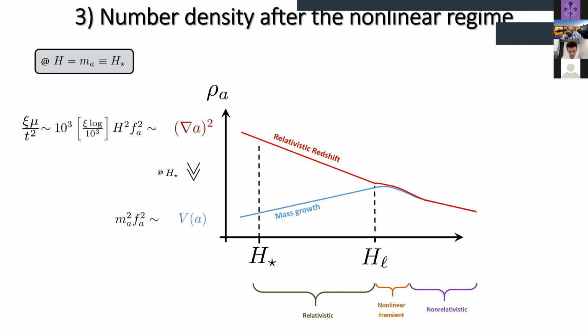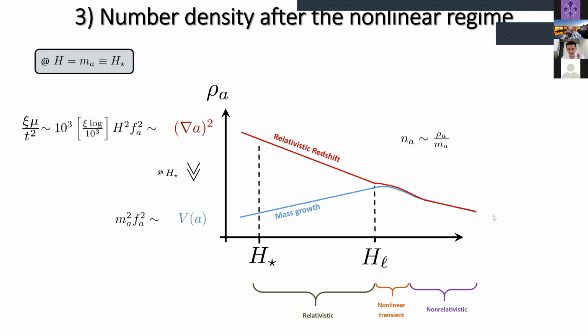So, despite this nonlinear transient, we can give an analytical prediction for the number density that turns out to be remarkably accurate. The number density of non-relativistic axions at this time, H_L, is given by rho_a over m_a, where m_a is the axion mass at H_L, which has in the meantime grown.